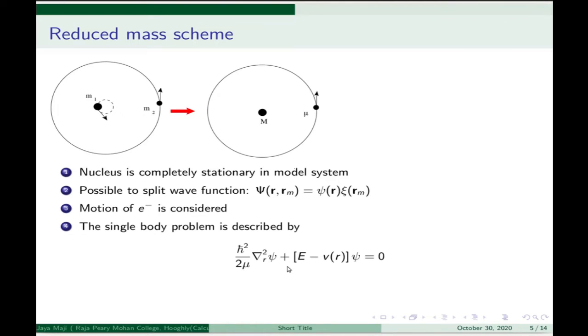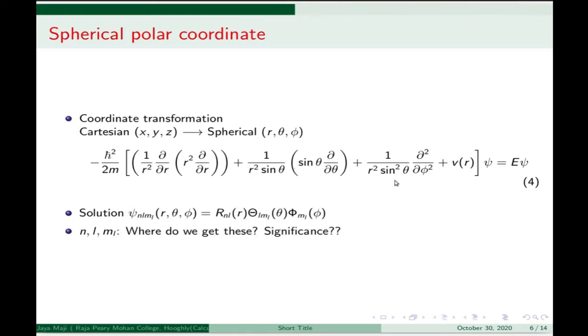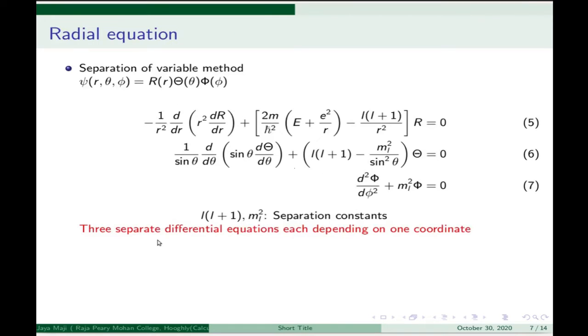Therefore the Schrödinger equation can be written in the spherical polar coordinate system in the following manner, and we'll expect the solution of this equation as the following. Here we see three new terms, n, l and ml, but where do we get all these? What is the significance? That we'll know gradually.